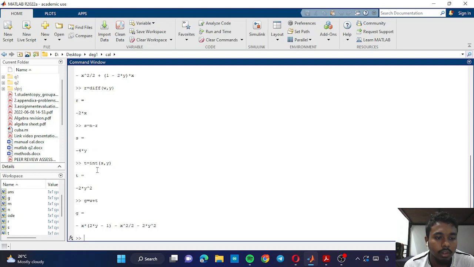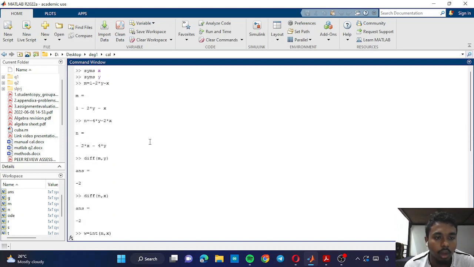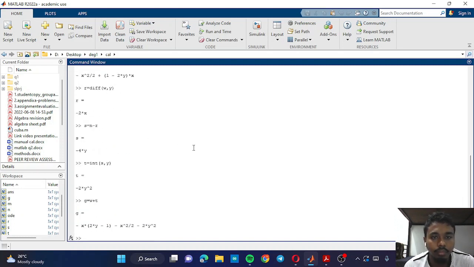And then I use t equal int s dy, I get this answer, negative 2 times y to the power of 2. And then I get the answer for g equal w plus t, and this is the answer. It is the same as the manual calculation, but for the simulation it's a bit longer for the exact equation.